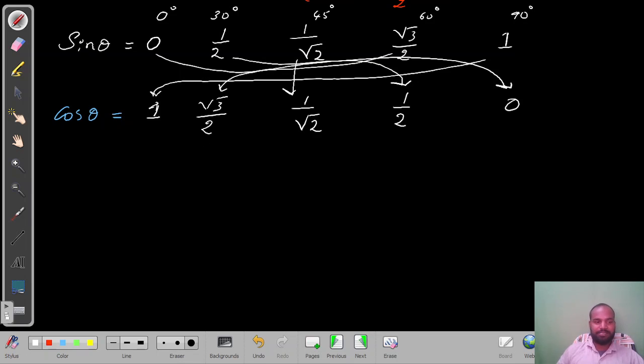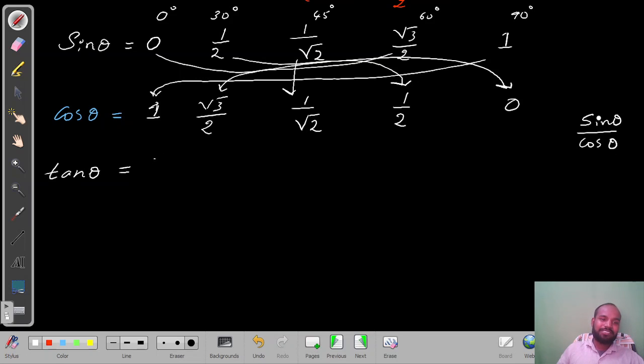With this we get everything very clear. Now what do we have to find? The tan theta value. We already know the tan formula: tan theta is sin theta by cos theta. Above is sin, below is cos. You can write it directly.